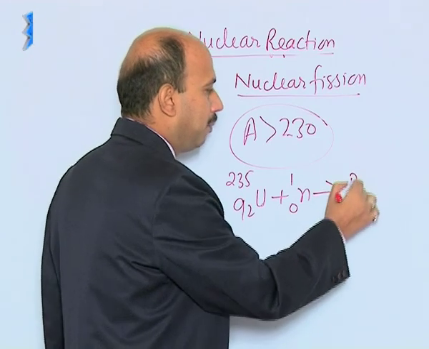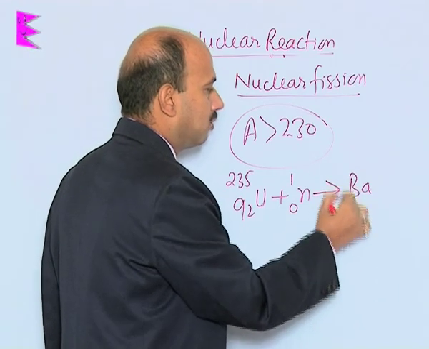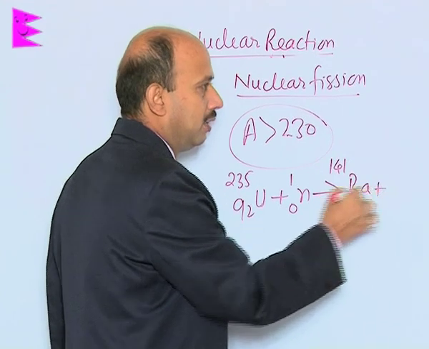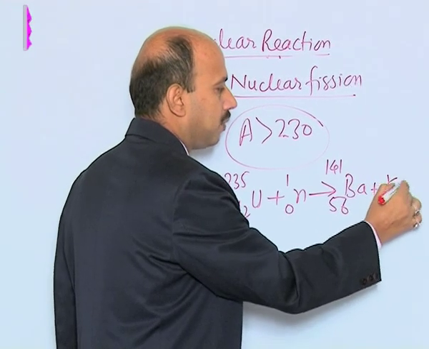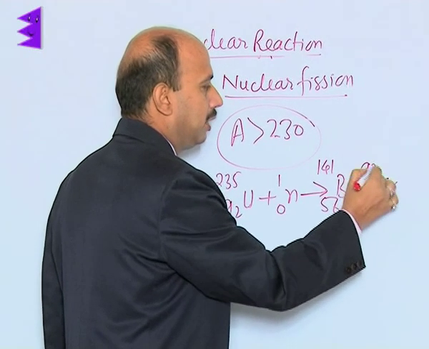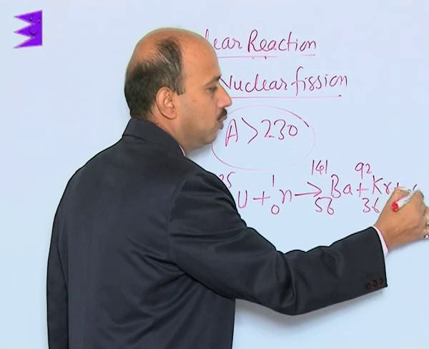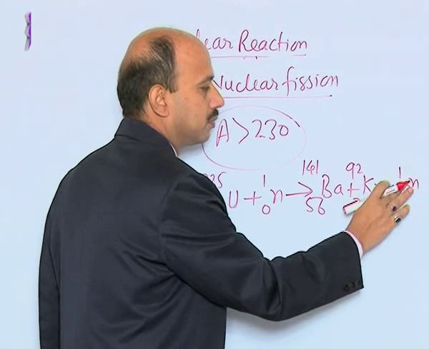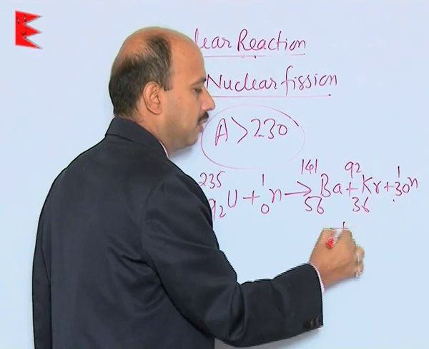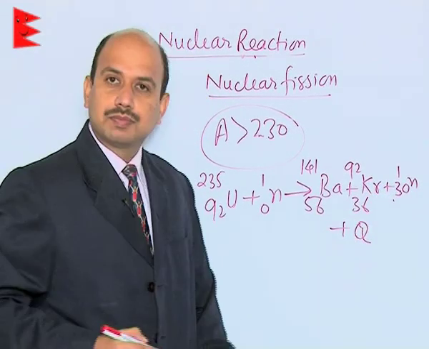One of them is barium, that is 56 141, plus krypton 36 92, plus 3 neutrons, plus Q, that is energy released.